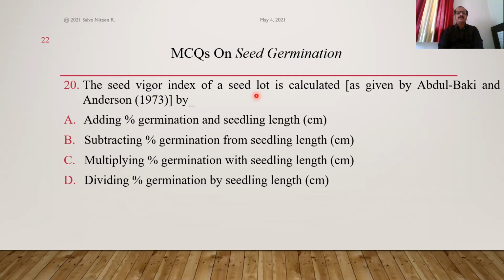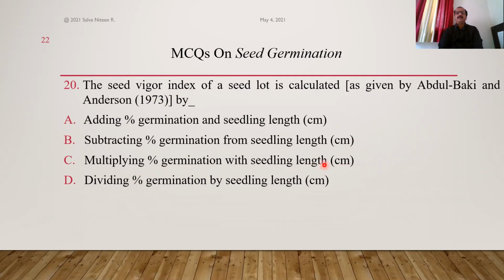So here the answer is C. When you multiply percentage germination with seedling length in centimeter, it gives the seed vigor index. This is one vigor index given by the scientists. Another, which we call vigor index 2, is also there, in which percentage germination of seeds is multiplied with the dry mass of the seedlings.